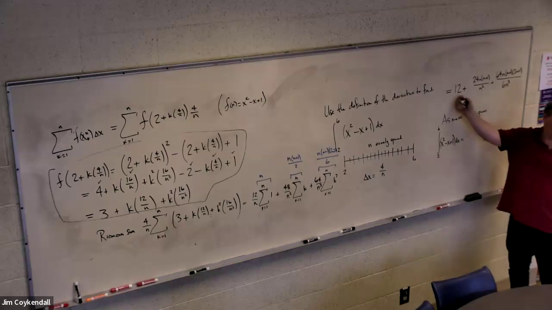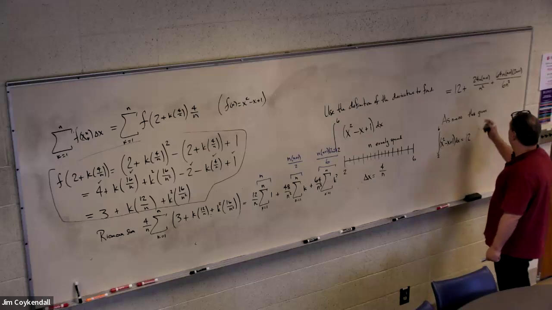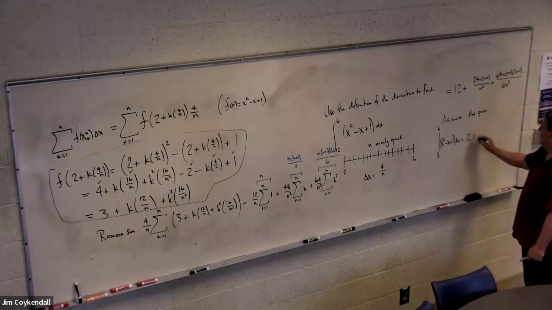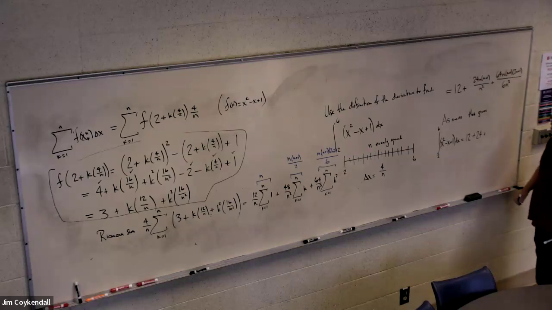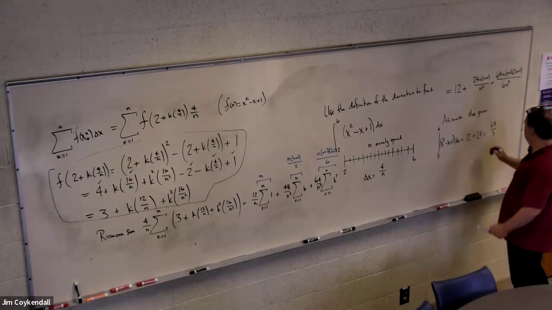How about this first piece? It's just 12. What about this piece? 4. How about this piece? 64 times 2 over 6. So that's actually 64.